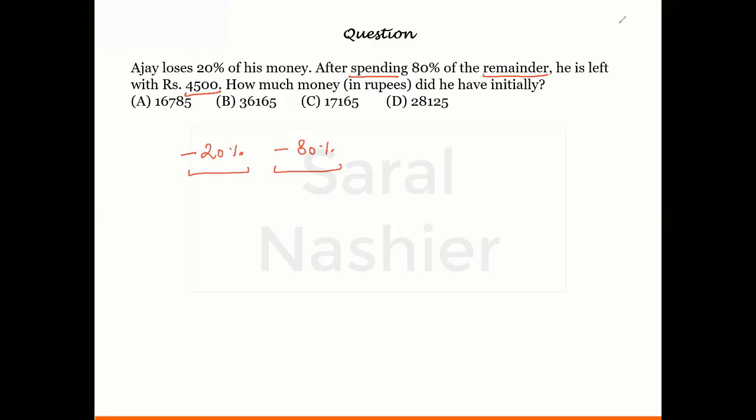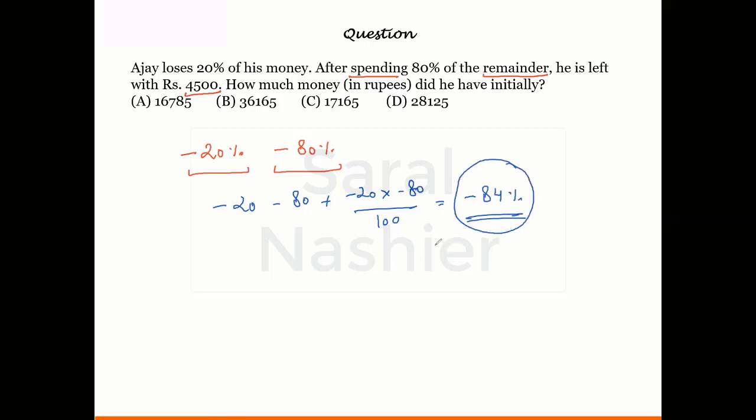So if I use the formula in this question, it says minus 20 minus 80 plus (minus 20) into (minus 80) divided by 100. This finally comes out to be minus 100 plus 16, that is minus 84%. This means the net change in the value is minus 84%, or you can say the final value is 16% of the initial value, because when you decrease something by 84%, it becomes 16%.